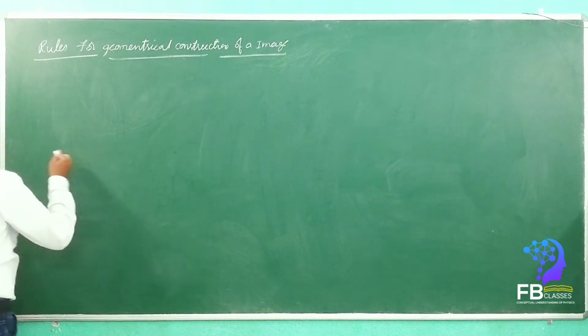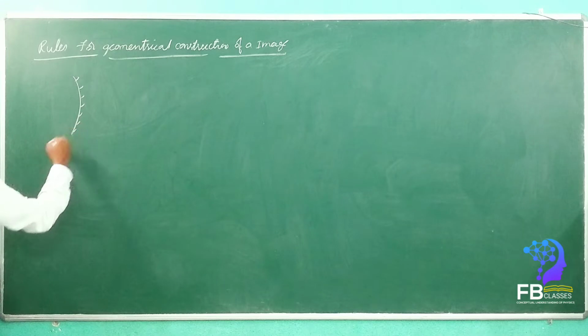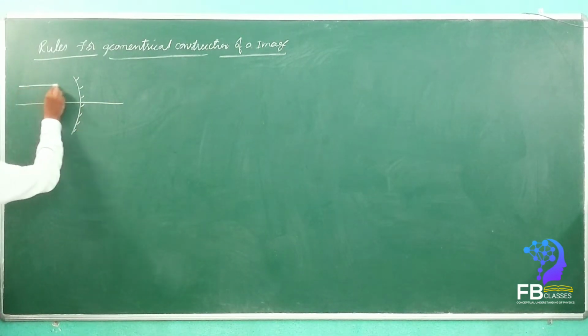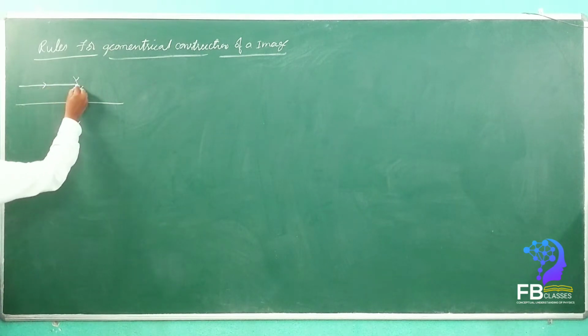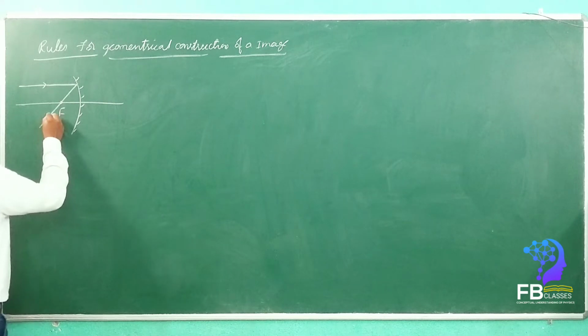First rule, what does it say? Whenever we take the concave mirror, the first rule says that when a light ray travels parallel to the principal axis, it passes through the principal focus. This is the first rule.